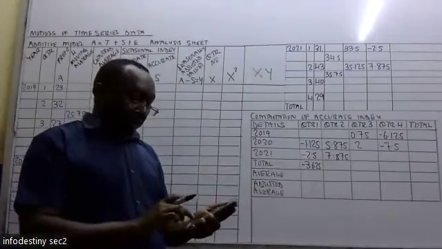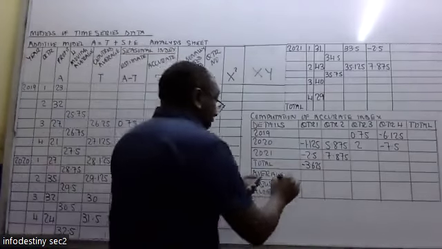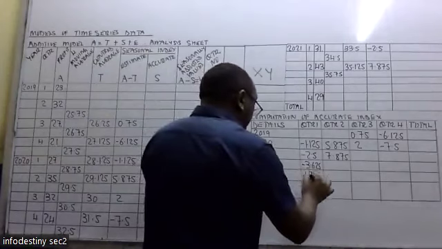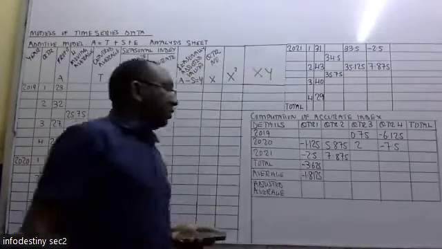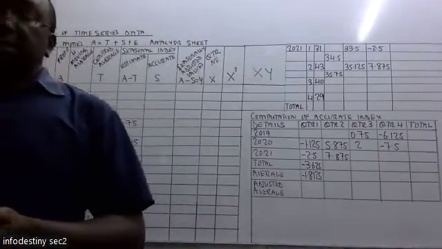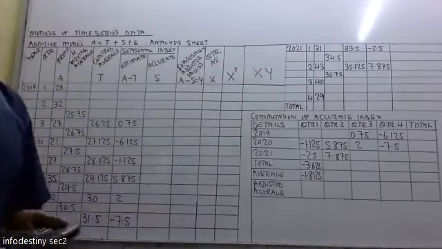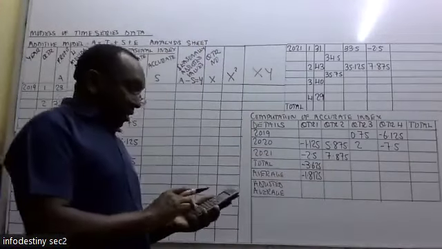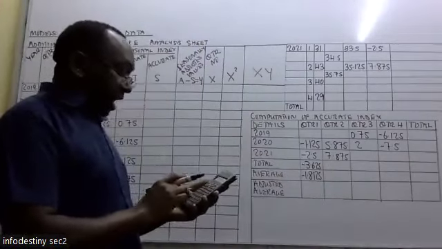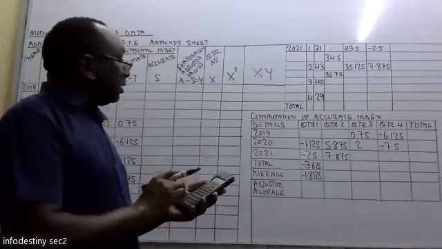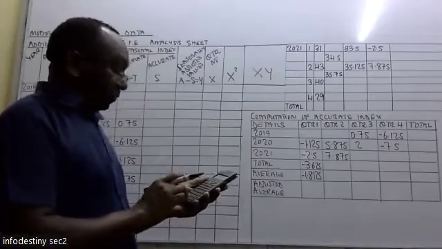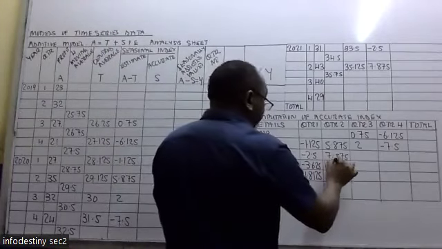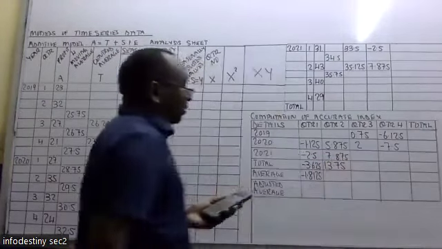That total divided by 2 gives negative 1.8125. Let's come to this one. We do the same. 5.875 plus 7.875 equals 13.75.